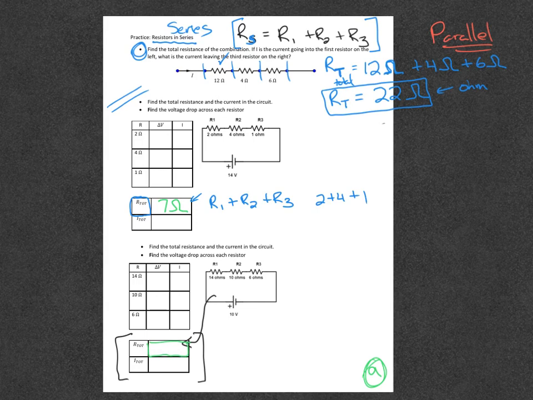Okay, now here's where things get a little tricky. You haven't learned yet the formula for total current. There's this new law, brand new to us, and it's about all of the parts of a circuit. The formula is called Ohm's law.